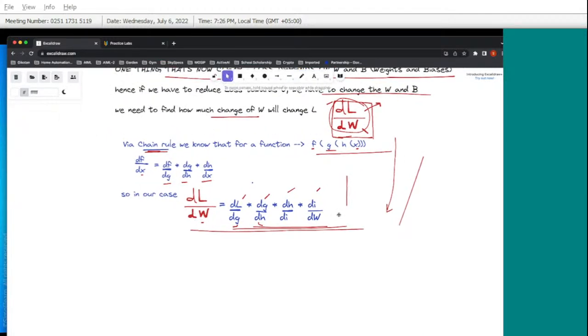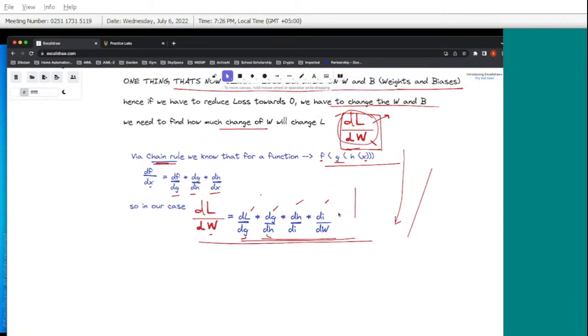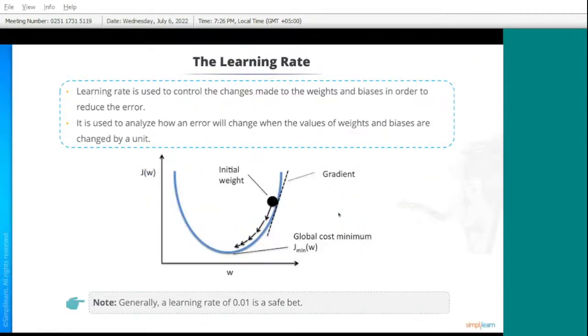This computation has to happen for each and every weight, and that is what backward propagation will do. It will apply this chain rule logic and compute that delta, that gradient, for each of the weights and keep it ready for the optimizer to apply. Okay, is that understood now?